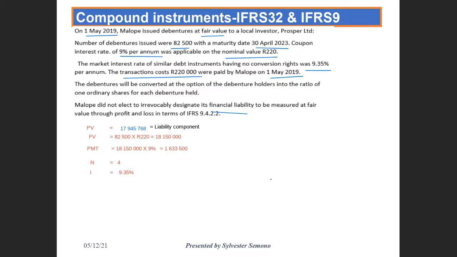Okay, I'm going to write it here. Let me change the color. Because we have got the liability component, is how much? Is 17,945,768.